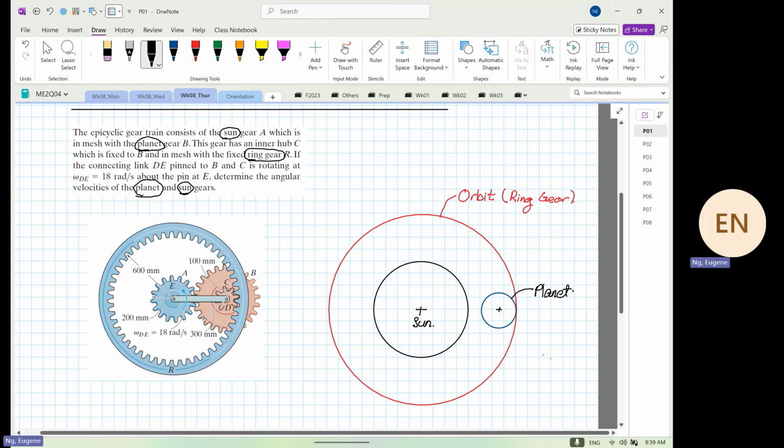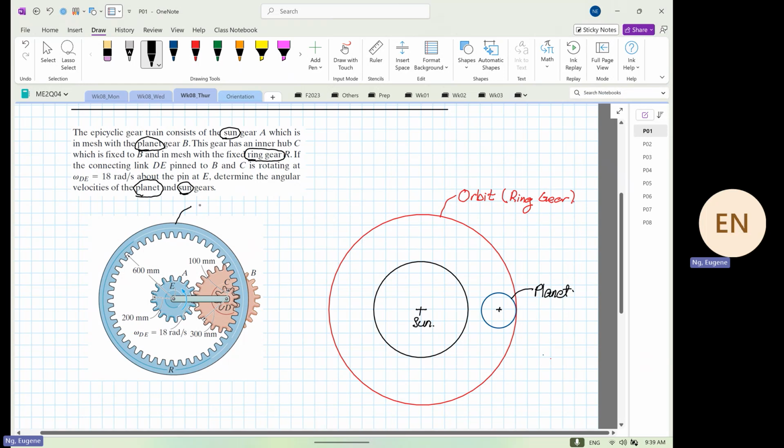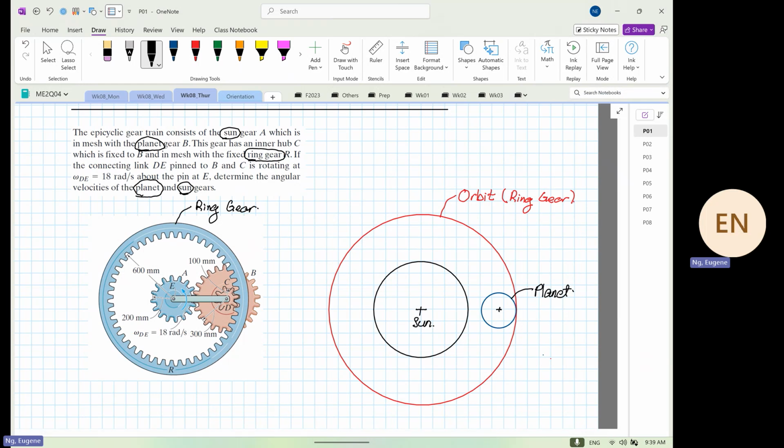So as you can see from here, we know this is known as our ring gear. And the gear at the center does not always have to be the biggest. The sun is the biggest in our solar system, right?